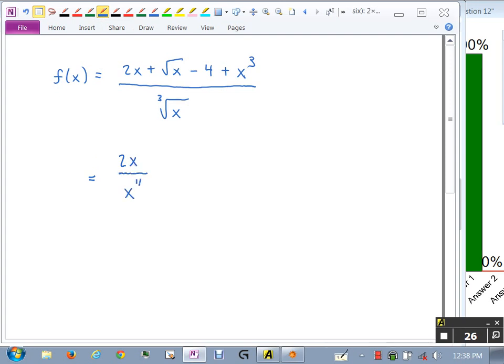And because of time, I think I will jump a little bit here. So I have not taken an antiderivative.